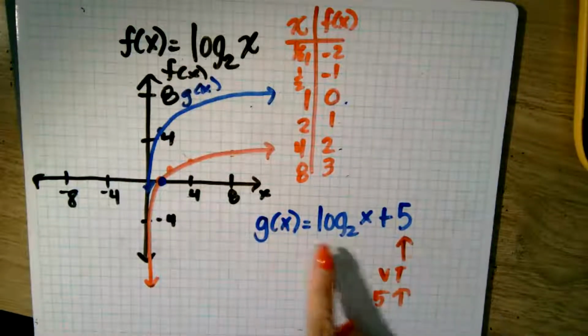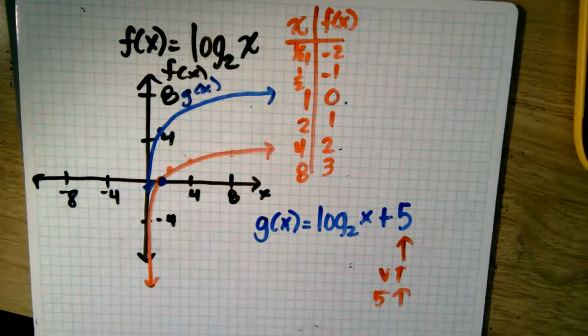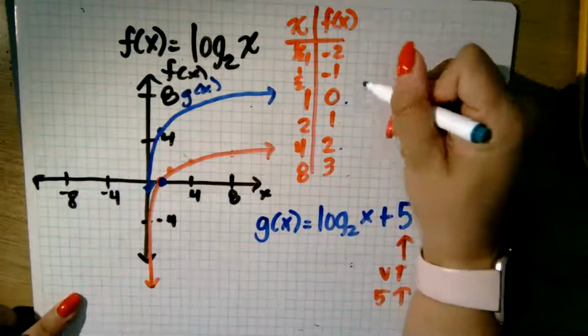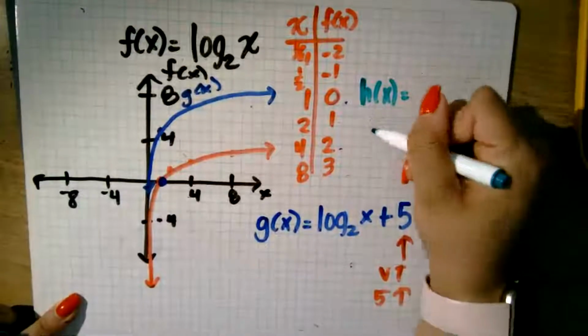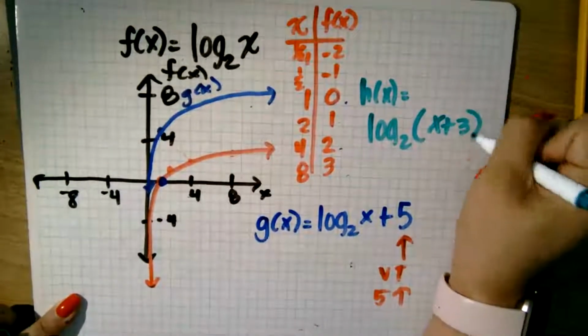So this is now g of x, easy breezy, because my way of reading the transformations on my equations is still very similar. Not to worry. Say I wanted h of x is equal to log base 2 of x plus 3.